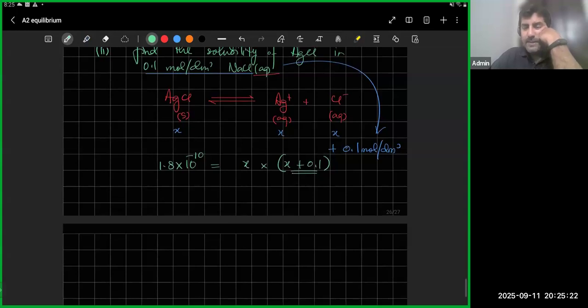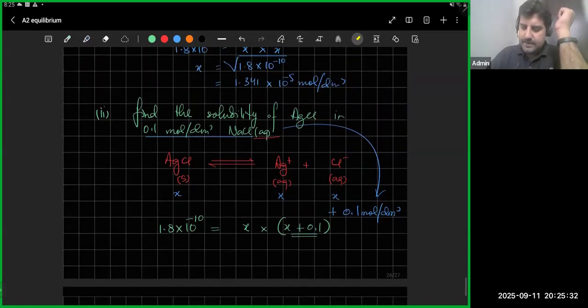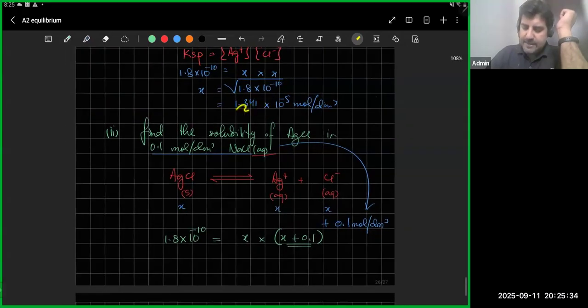Well, you can further simplify this a little bit. This X over here is kind of meaningless. Remember the previous X that we found out had a very small value, right? It was 0.000131.